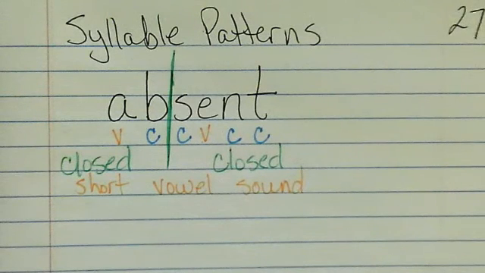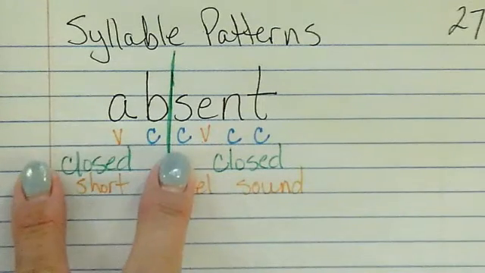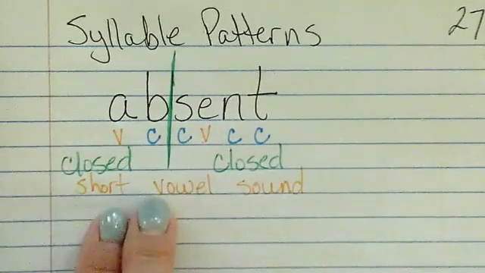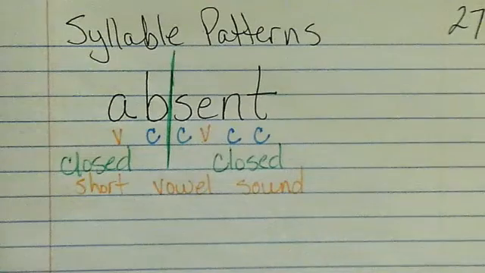So we can look at our syllables and we can look at our patterns to determine how to say our vowels, which ultimately determines if we're saying the word correctly or not. So in a closed syllable pattern, our vowels are short sounds. If it's open, it's a long sound.